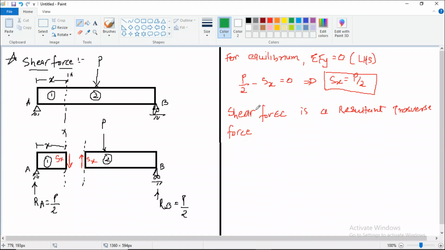Now we need to take certain sign conventions for shear force. So basically there are two types of shear force that we can have on a particular body. Let us discuss both the types.